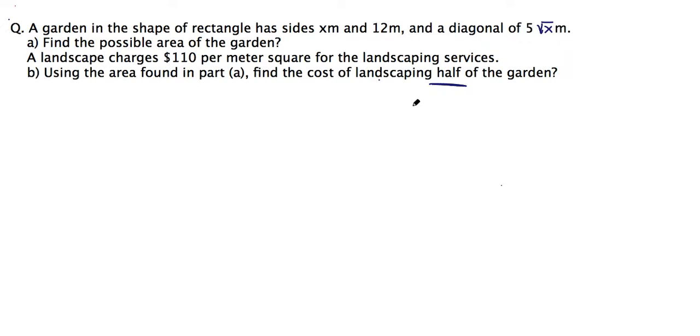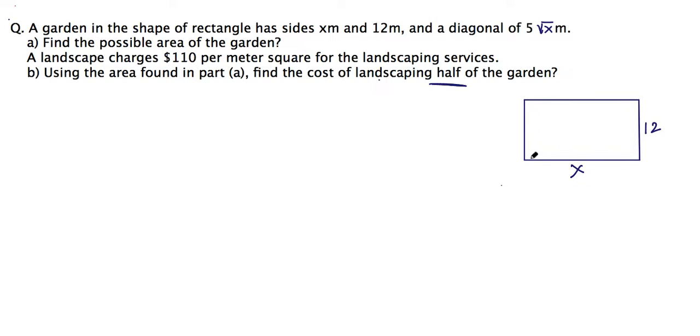Now, what do we have here? A garden is in the shape of a rectangle, so let's start by drawing a rectangle. So let's say this is my rectangle. What are its sides? One of the sides is x meter, another one is 12 meter, right?